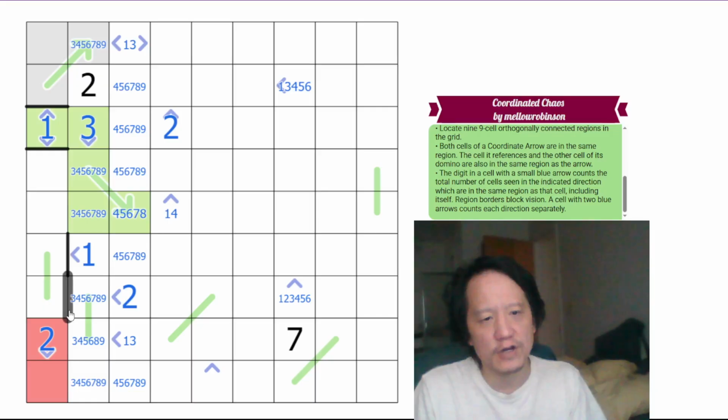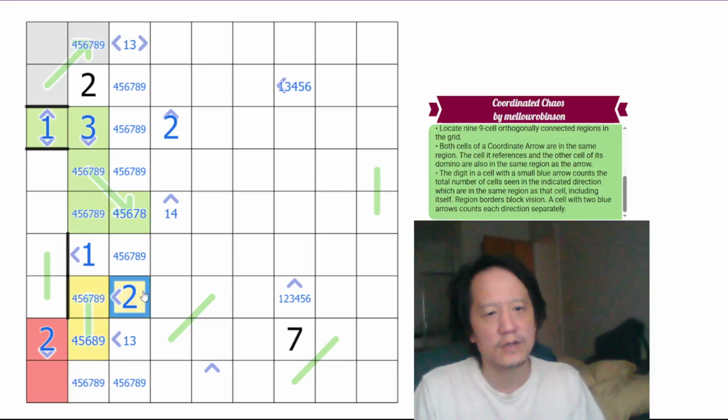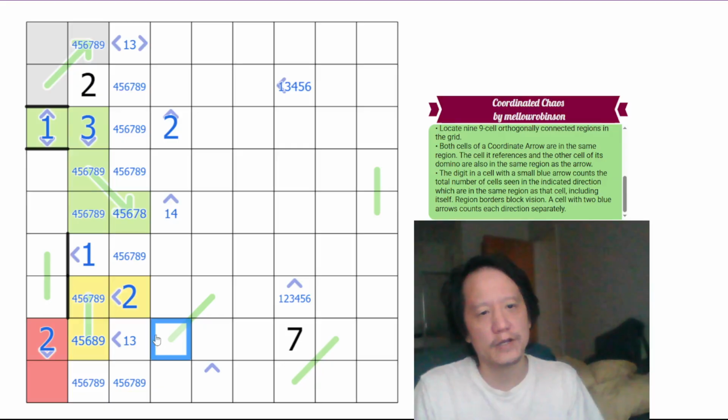So this is blocked also. So this is some other region, because it can't be the same region as this, because it has a 2. None of the rest of the green of column 2 can be 3. So this is red.